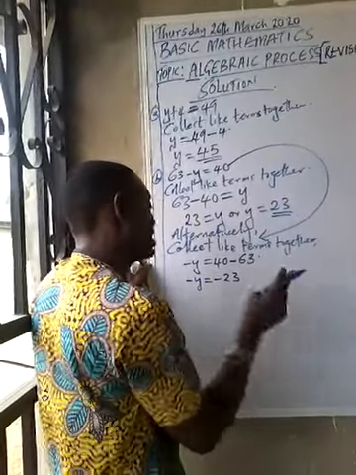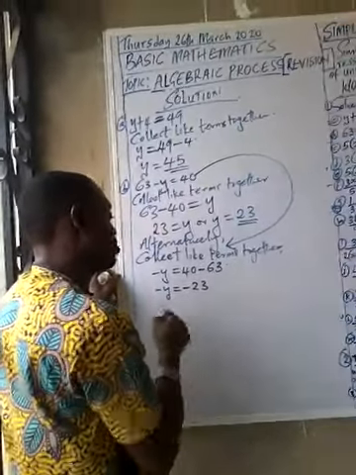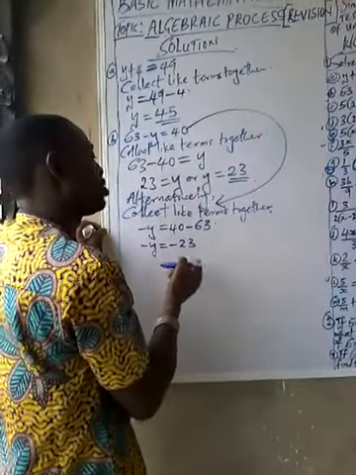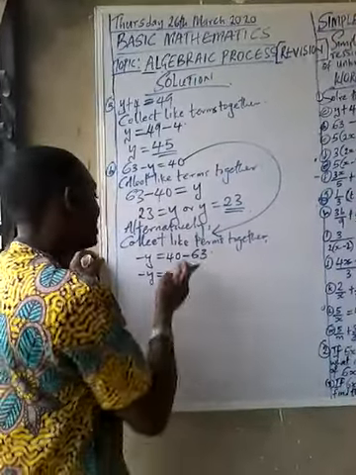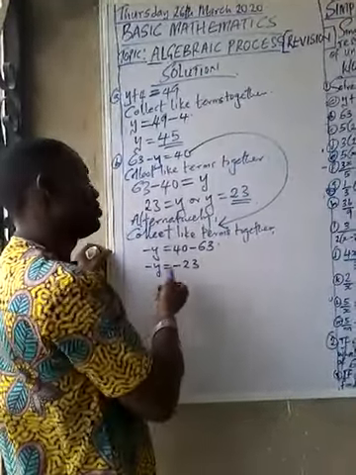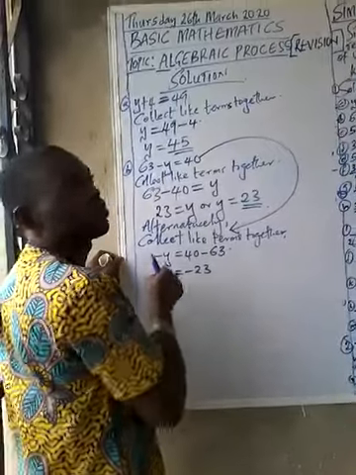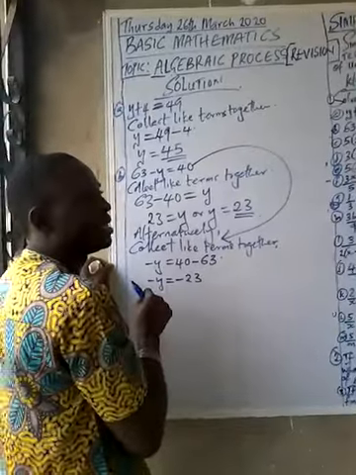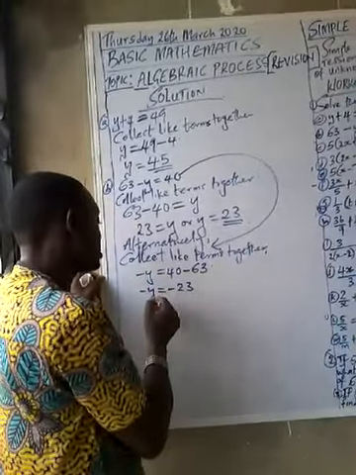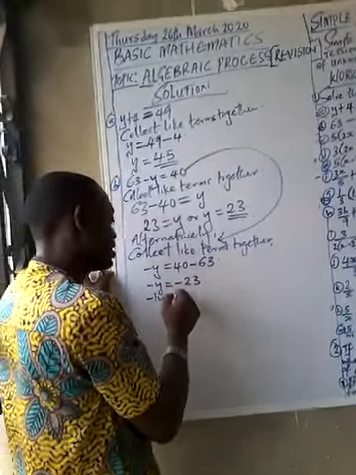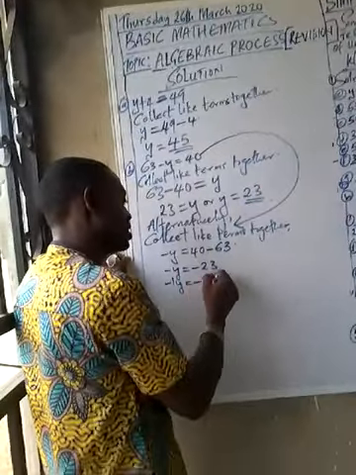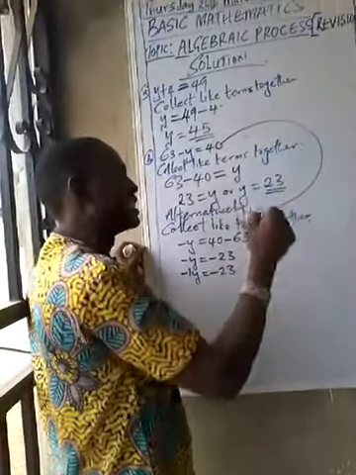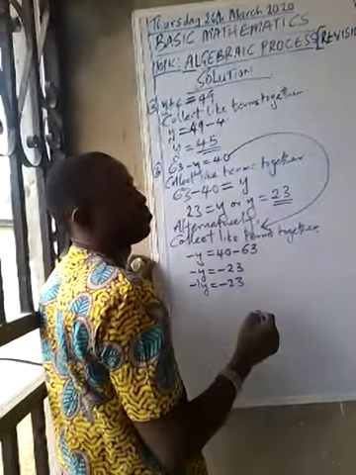You will still be owing a debt of 23 naira. Now, in this case, what do you have? You have minus y is equal to minus 23. This means that you cannot leave the answer like this because you're not looking for minus y. You were told to find y, not to find minus y. What you have here is minus 1y is equal to minus 23, because there is a 1 in front of every letter.